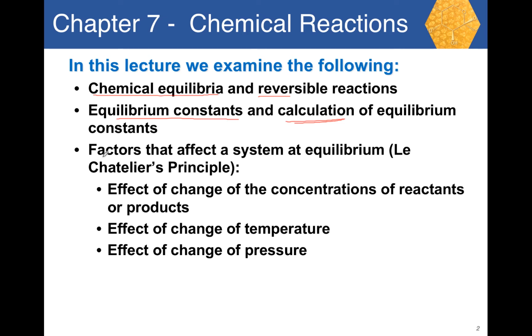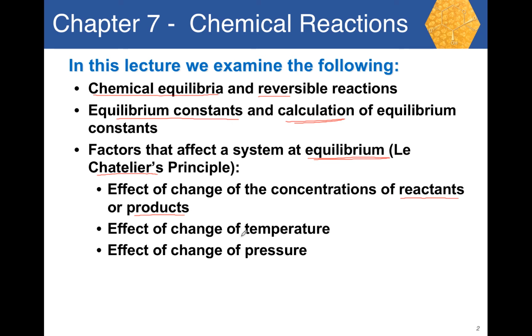Next, we look at the factors that affect a system that's at equilibrium. A French chemist, Le Chatelier, made these observations, known as Le Chatelier's principle. So if a system is at equilibrium, if there's a change in concentration of the reactants or the products, will that affect the equilibrium?